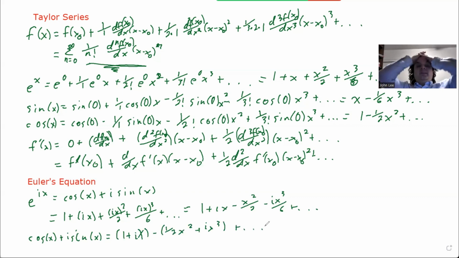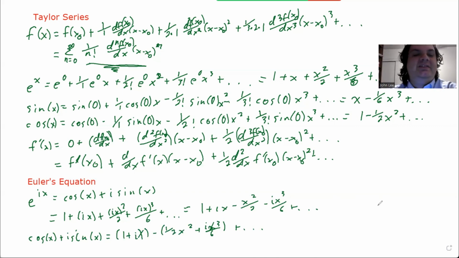And what you see is that they are exactly coinciding with each other. So the Taylor series for e to the ix is exactly equal to the Taylor series for cosine of x plus i sine of x.